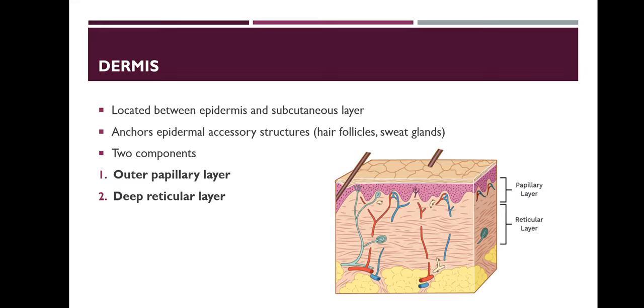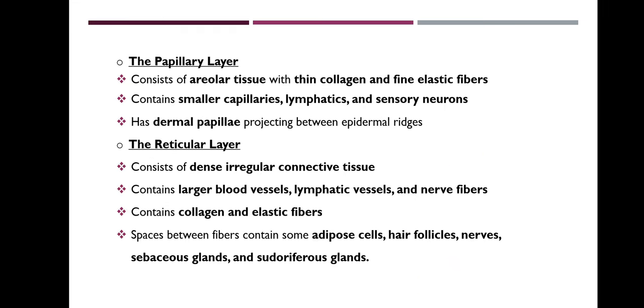Next, the dermis, which is located between the epidermis and the hypodermis. It anchors the epidermis, and the accessory structures, the hair follicles and sweat glands, are accessory structures of the dermis layer. The dermis consists of two components: the outer papillary layer and the deep reticular layer.